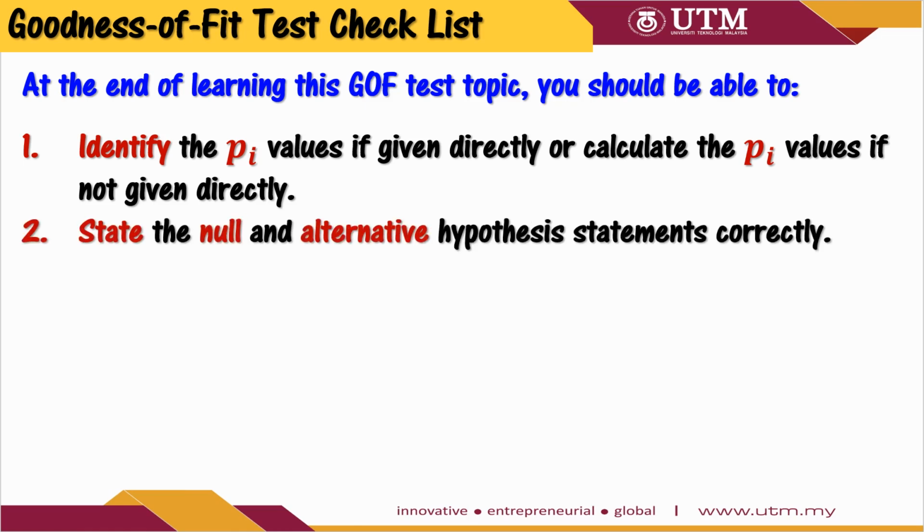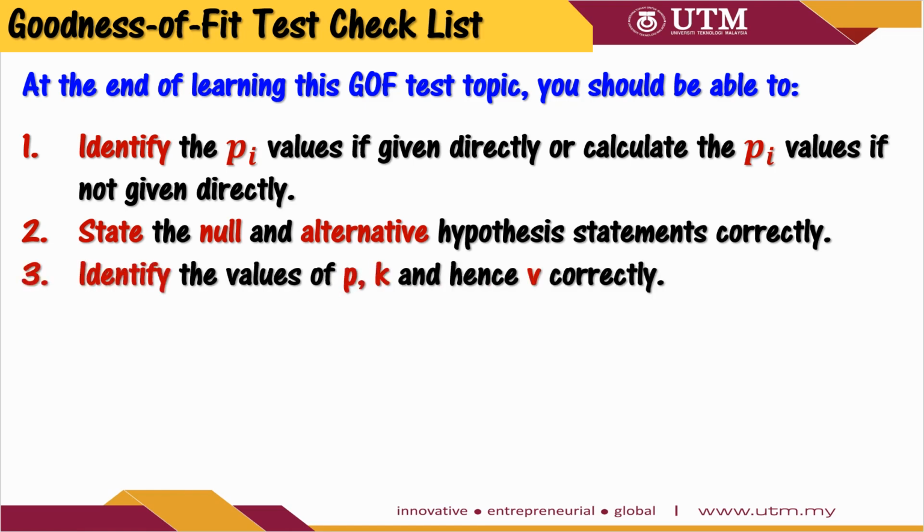Second, you should be able to state the null and alternative hypothesis correctly. Remember, under the null hypothesis, you always assume that the random variable follows a particular distribution. Third, you should be able to identify the values of P, which is the number of parameters to be estimated, K, which is the finalized number of classes, and hence nu, which is defined as K minus P minus 1.